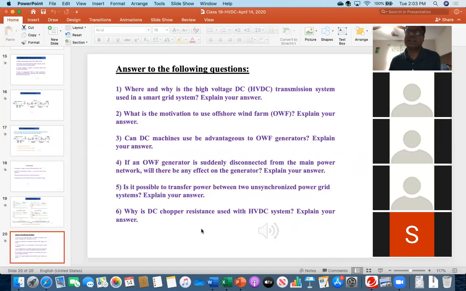In case any fault happens, the chopper resistor will reduce the high voltage stored in the capacitor to save the system. Yes, right. Therefore, that DC chopper will maintain the balance. It will consume the oscillations that happen because of any fault on the grid system. That's why the DC chopper resistance is used.